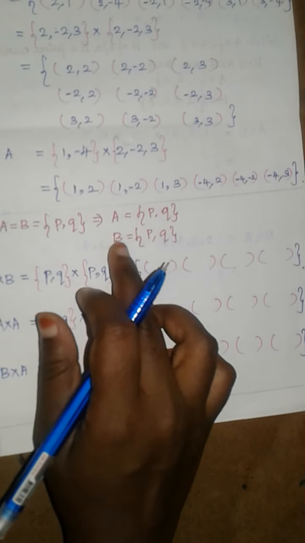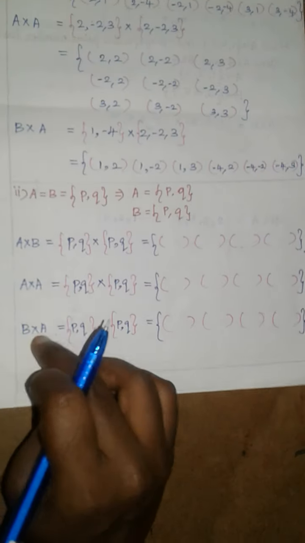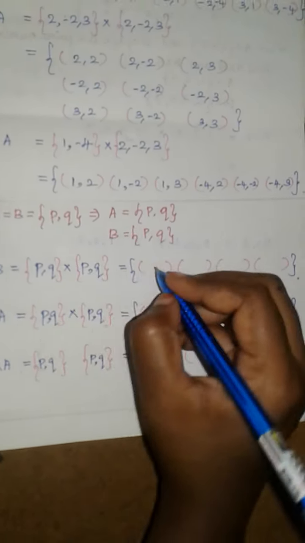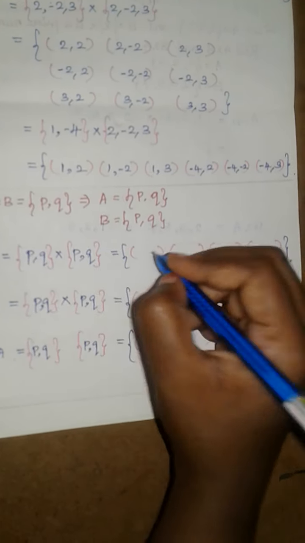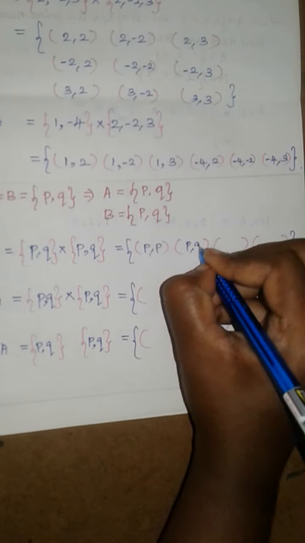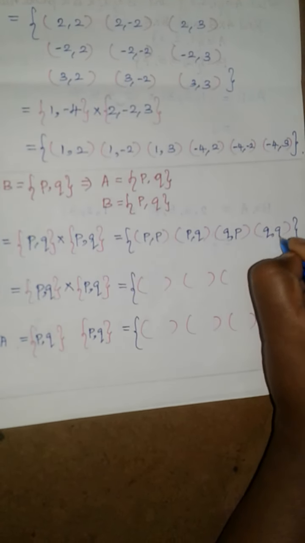Okay, second subdivision. A and B is equal to {P, Q}, which means A is also {P, Q} and B is also {P, Q}. Here also finding A cross B, A cross A and B cross A. A cross A is (P, P), (P, Q), (Q, P) and (Q, Q).